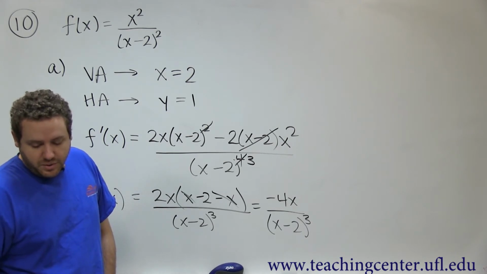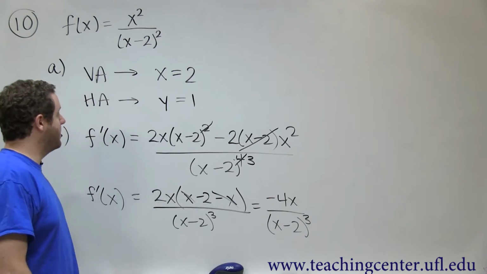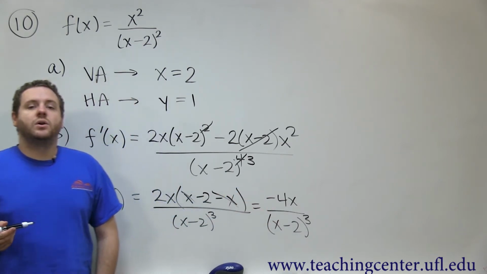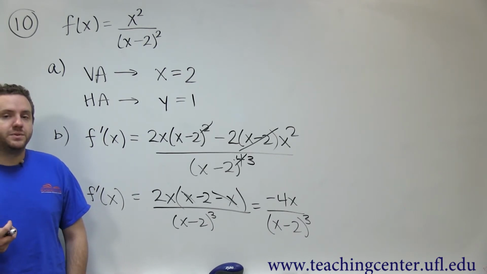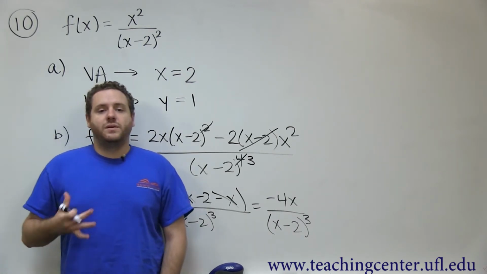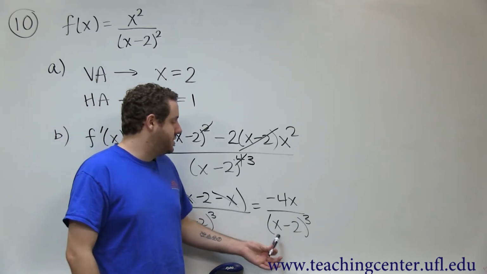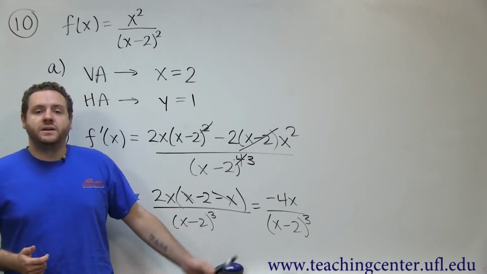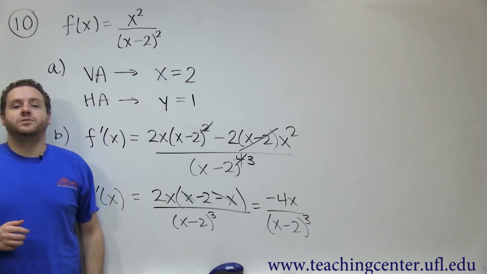Now we can answer a few of these questions. We need to find the critical numbers and the intervals where it's increasing and decreasing. Remember that the critical numbers are whatever make this derivative 0 or undefined. Now we have a fraction, so both of those are possible. But recall that you can only have a critical number if it's in the domain of the function. So x equals 2, for example, though it makes this derivative undefined, is not a critical number because x equals 2 is not in our domain.